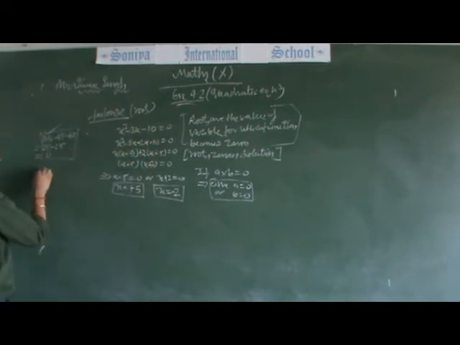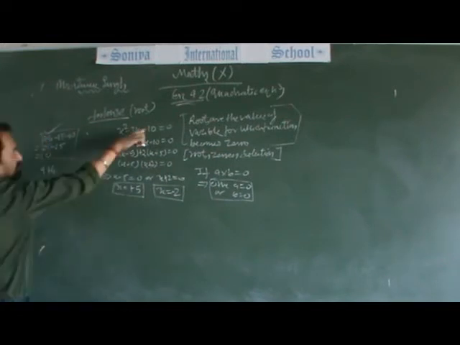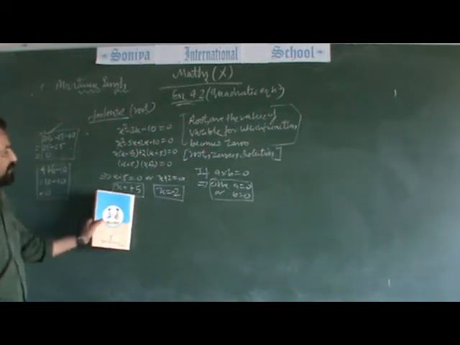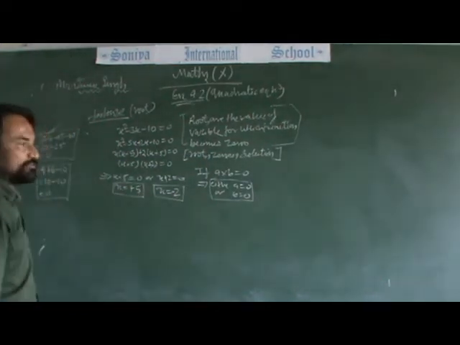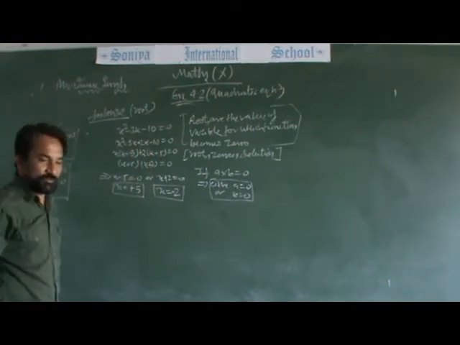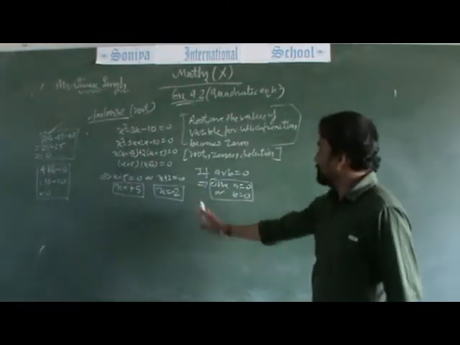Square of minus 2 is plus 4, minus 3 into minus 2 is plus 6, and what is left? Minus 10. That is your left hand side. 10 minus 10 is equal to 0. So on putting x equals to plus 5 and x equals to minus 2 in both the conditions, we are getting the value of the polynomial equal to 0. Hence these are the two zeros of the given function.